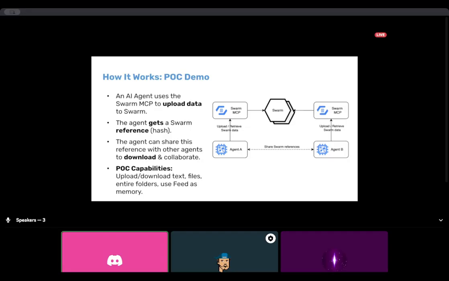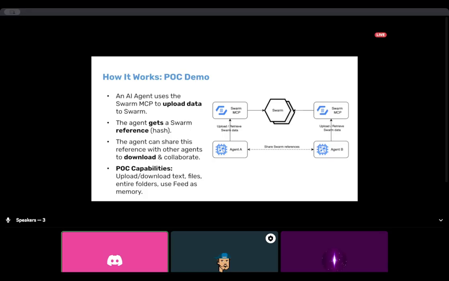So in this example, let's say agent A wants to upload something to Swarm, keeping it in memory, maybe to share it with another agent. Then it can upload it to Swarm using the upload function from the MCP, and the upload function will return a Swarm hash. So the agent will have access to the Swarm hash, and then the agent can use this to download the data at a later time, like maybe the agent has multiple subtasks, or maybe give it to other agents.